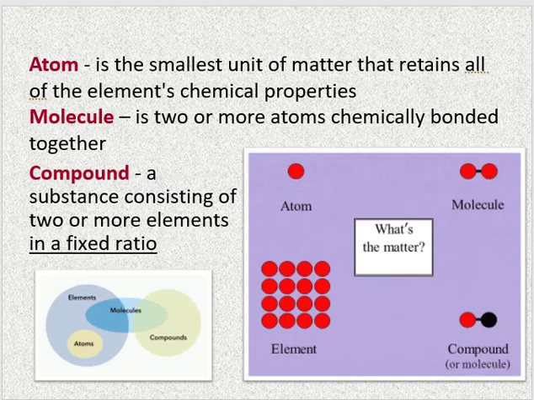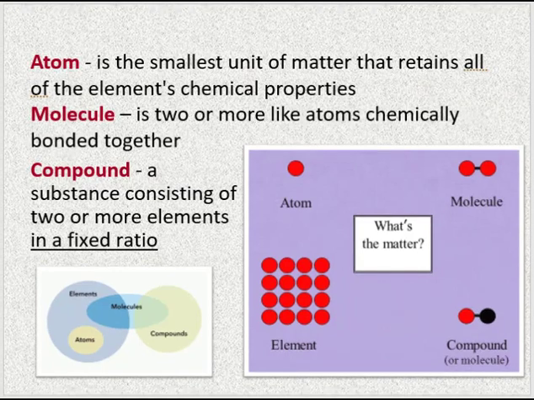So, for example, one gold atom has all of the same properties that a gold coin does. The gold coin is just a very large number of gold atoms that have been molded into the shape of a coin. Now, two or more of the same type of atoms chemically bonded together is a molecule.